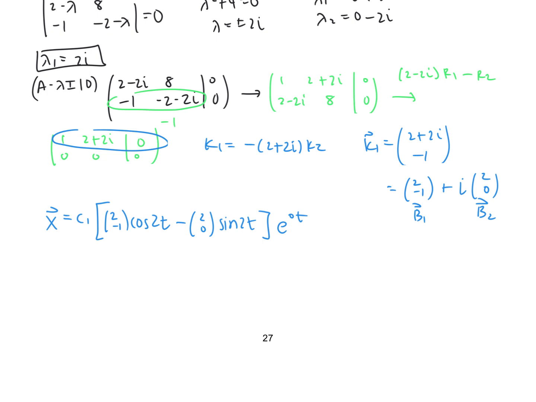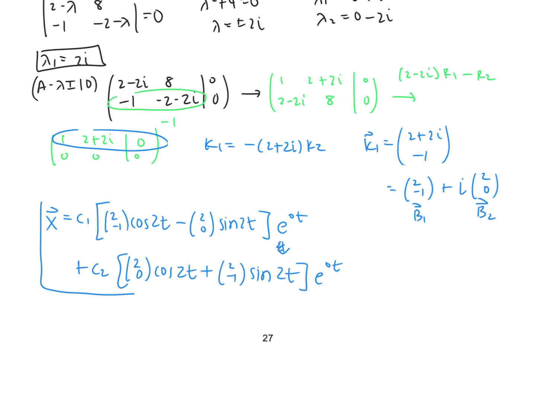I wanted to show that, but you don't need to put it because that's just 1. Add C2 times (2, 0) cosine of 2t, add (2, negative 1) sine of 2t, again e to the 0t, which is just 1. So that is our general solution.